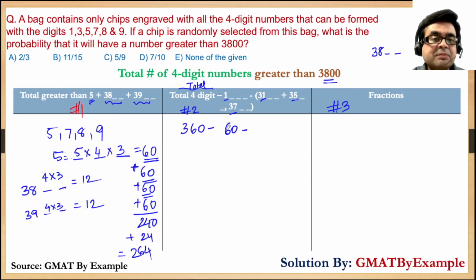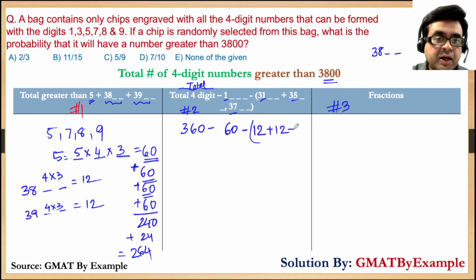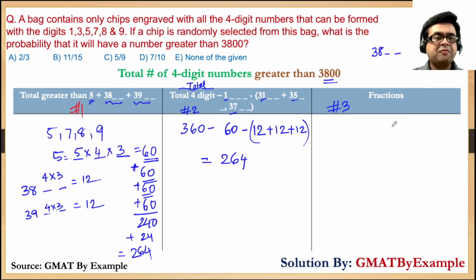It will be the same as 31 because all we are doing is fixing the first 2 digits and having 4 ways to calculate the 3rd digit and then 3 ways to calculate the 4th digit. So that will be minus 12 plus another 12 for 35 and another 12 for 37, and this will also result in 264. And finally, we look at the fractions approach, which is more of a quantitative reasoning approach.